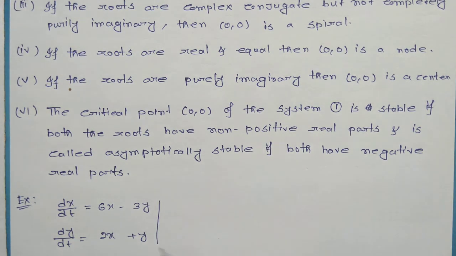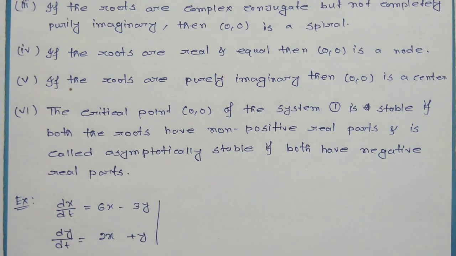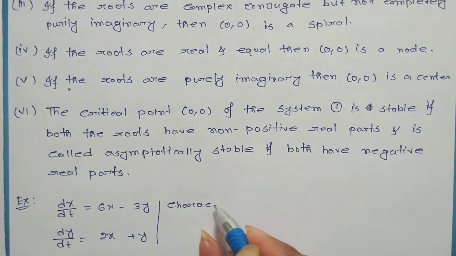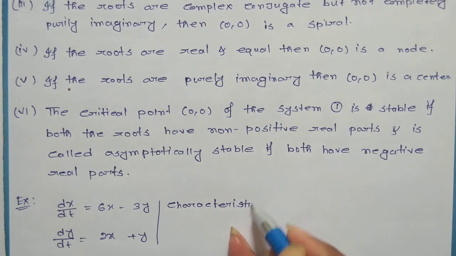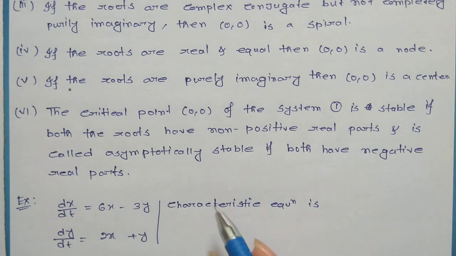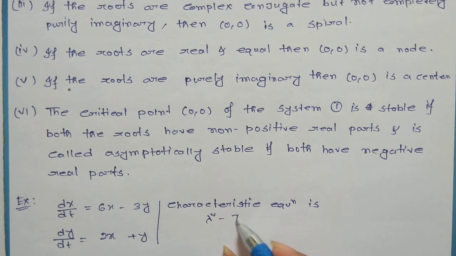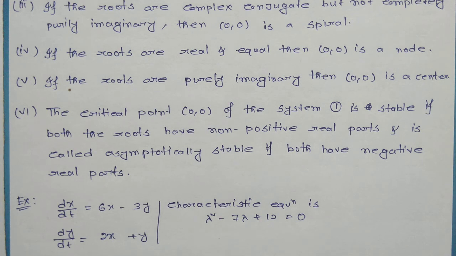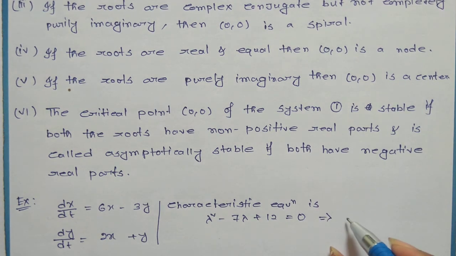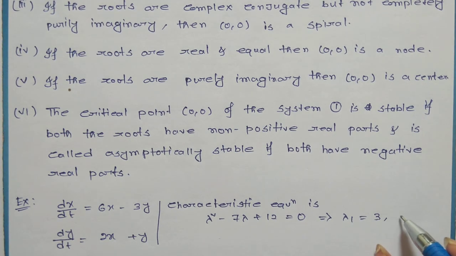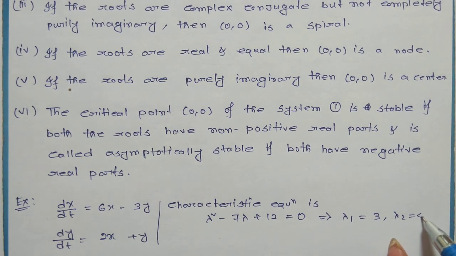Okay, so in this situation our characteristic equation is lambda squared minus 7 lambda plus 12 equals 0, which implies that lambda 1 equals 3 and lambda 2 equals 4.